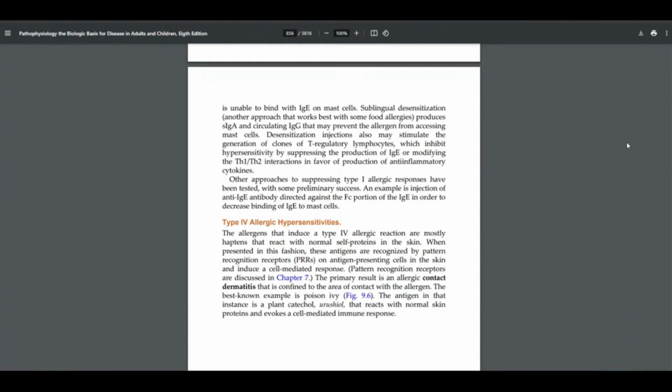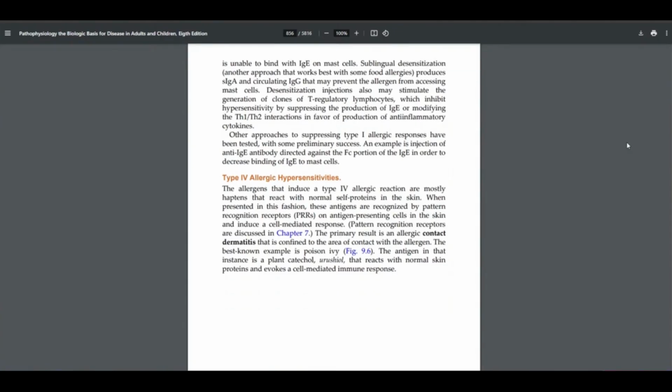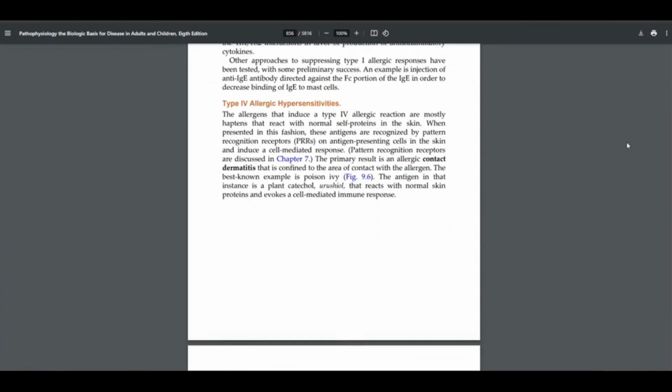Other approaches to suppress type 1 allergic responses have been tested with some preliminary success. An example is injection of anti-IgE antibody directed against the Fc portion of the IgE in order to decrease binding of IgE to mast cells.